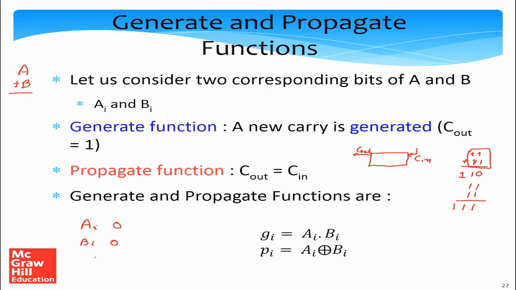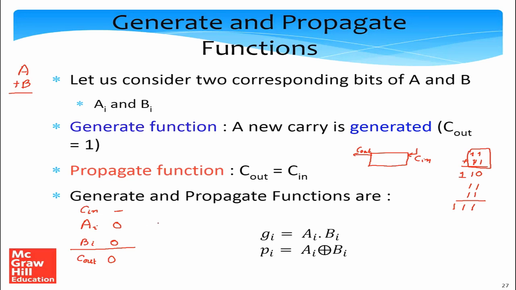Let's consider the carry in. Irrespective of the value of the carry in, the carry out will be 0, right? Even if the carry in is 1, we'll still not generate a carry. If it's 0, we'll still not generate a carry.